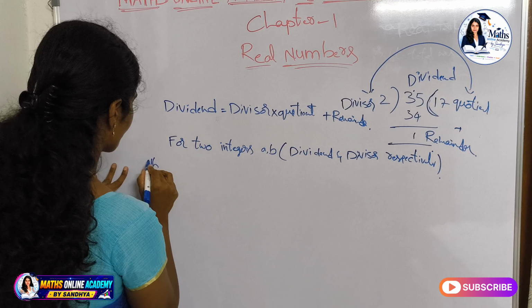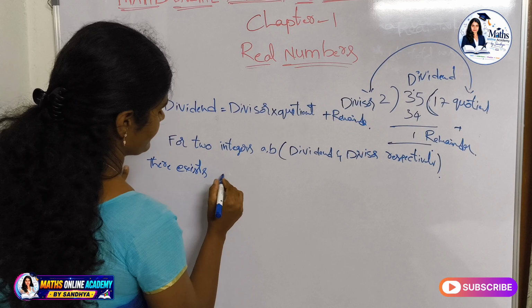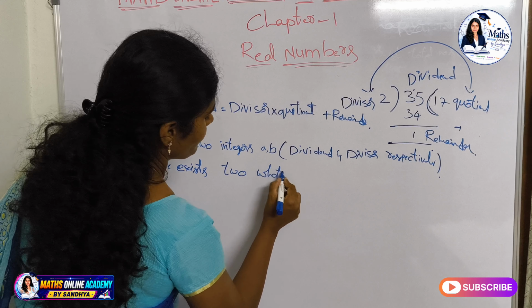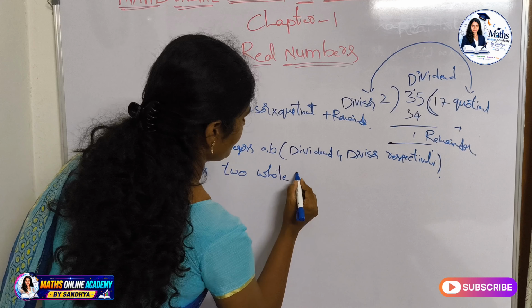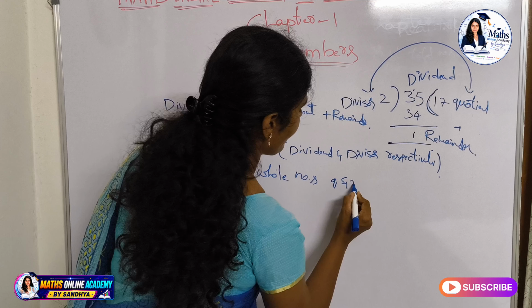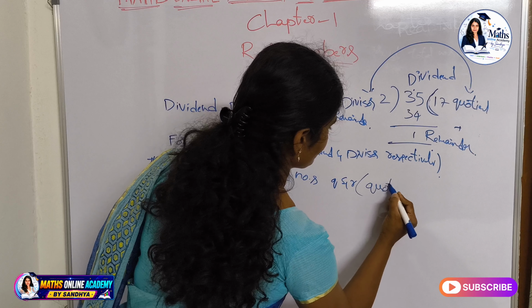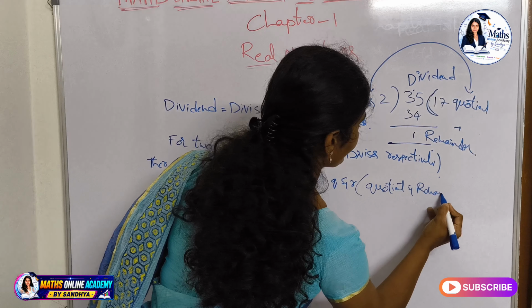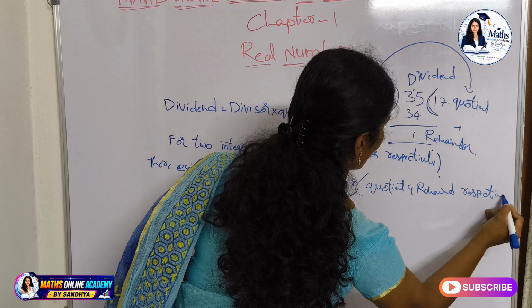There exist two whole numbers, Q and R, quotient and remainder respectively.